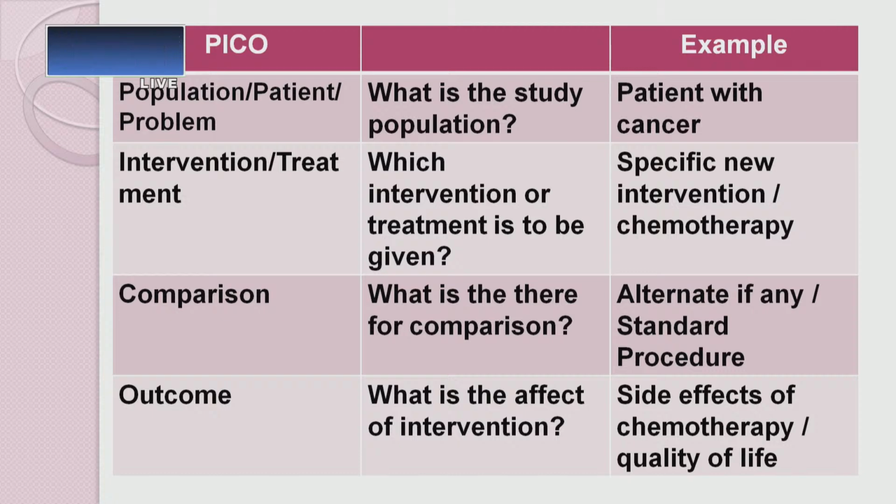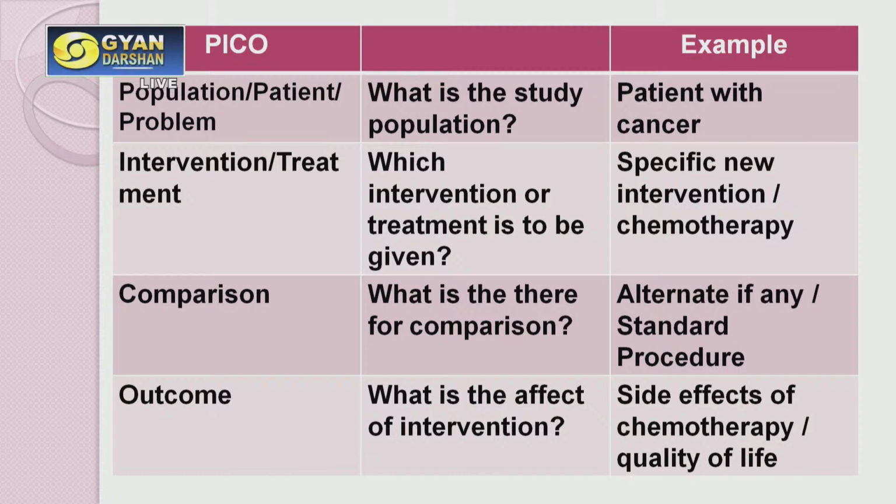Alternative, if any, or standard treatment. Outcome: what is the effect of the intervention? Side effects, if any. Are the side effects being reduced with this intervention, or increased, or is there no change in the side effects, and is the quality of life of the patient improved or not?